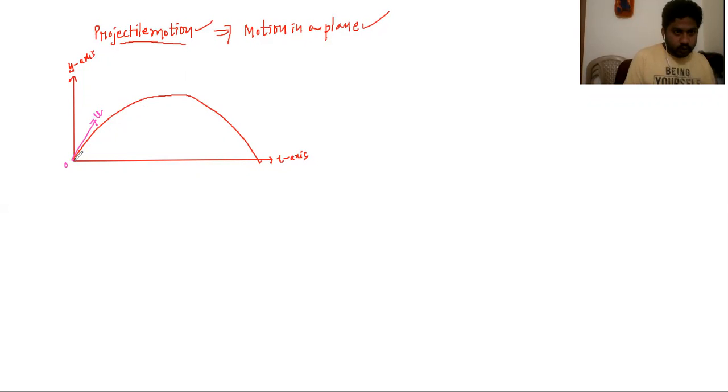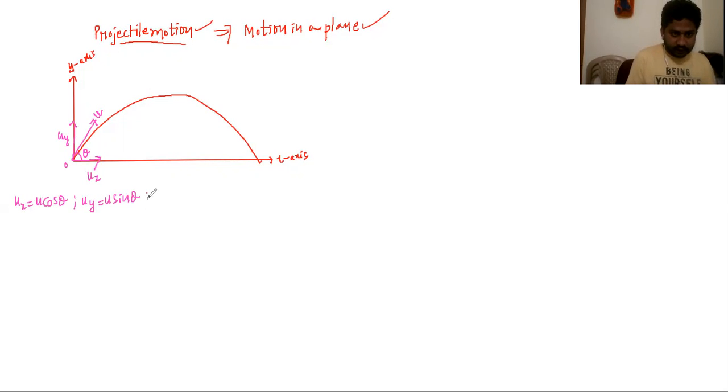We know this is theta, and this is the horizontal component of velocity ux, and there is a vertical component of velocity here, so that is uy, right? So ux is u cos theta, which is the horizontal component of initial velocity, and uy is equal to u sin theta, the vertical component of initial velocity.